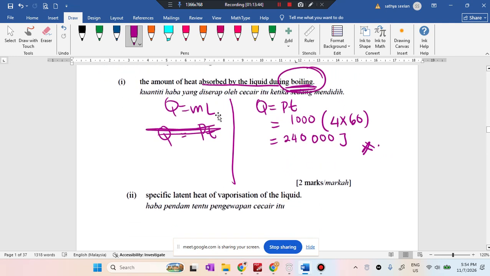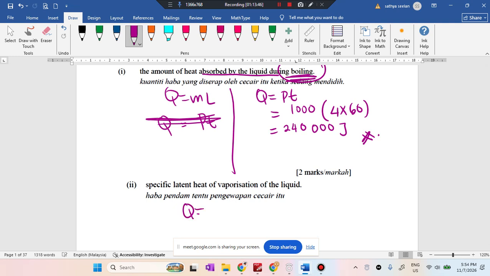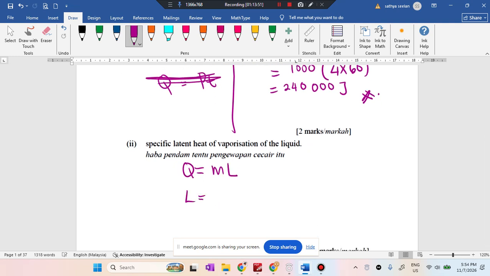Because it only asks for the amount of heat. And then here we can put Q equal to ml, and L equal to Q over m. So Q just now is 240,000. That is Q. And it has given the specific latent heat of vaporization.